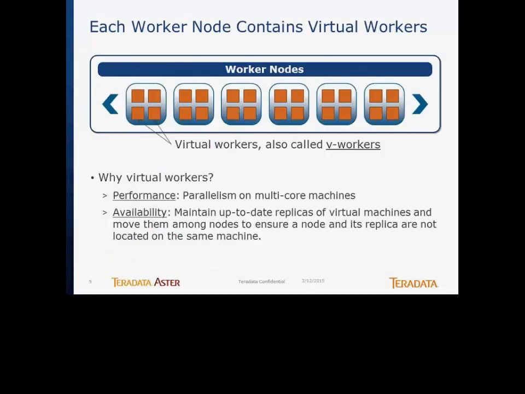Before we jump forward, it's my understanding that the Queen also has a database in it, and it too is replicated onto one of the workers. Is that correct? That's correct, yes. The Queen has a database which does not have the actual data, but has metadata about all the statements that are run, about all the workers, their positions, etc. And you're right, there is a copy of the Queen's database, which we call QueenDB, on one of the workers.